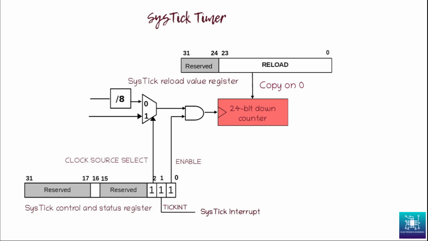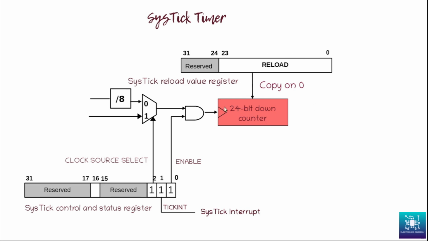So if that is the period of one clock cycle, and say we want the timer for 5 milliseconds or 10 milliseconds, we need to divide the milliseconds that we want by the time taken for one clock, and that will give us the value that we should put in the reload register.